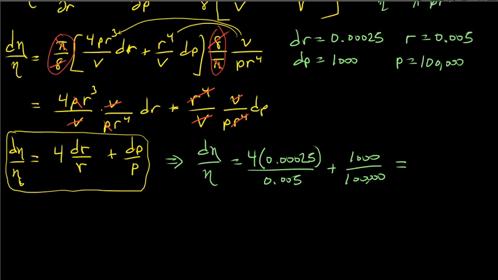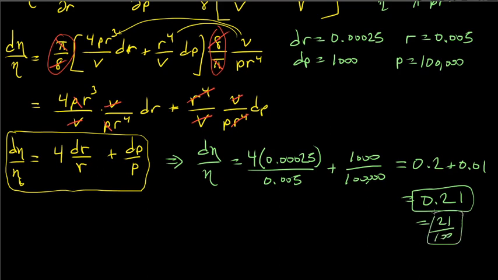So the first term is just 0.2. And the second term is 1 over 100, so 0.01. So you get 0.21, or 21 over 100, depending on which way you want to write it. So that's the relative error in eta, the relative error for the viscosity.